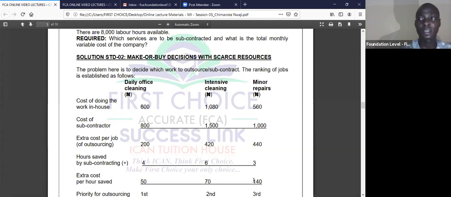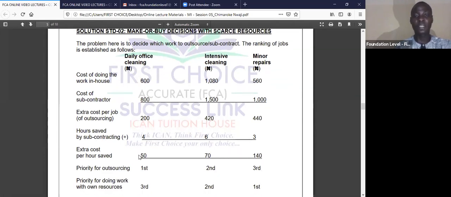If I'm going to save 140 because I subcontracted, that would mean that I'm going to give you this job that is 50, because this is the least cost I am going to save.